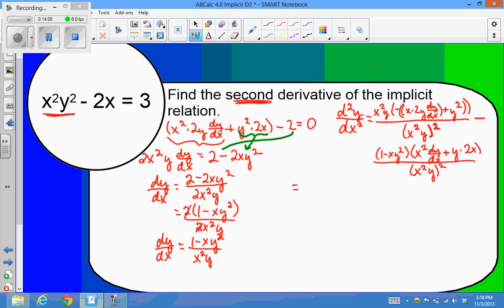All right, when I start to work these problems, and I'll try to simplify as I go, wherever I had dy dx, my dy dx has to go in there. So this is going to give me x squared y times negative 2xy that is multiplied times dy dx, which is 1 minus xy squared, all over x squared y.